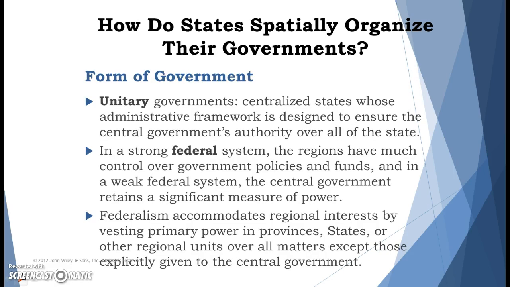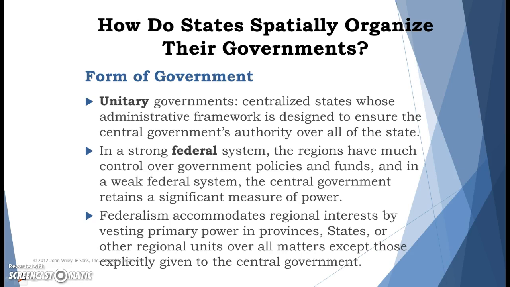Once we understand how governments stay together and how they fall apart, we can talk about different forms of government. Unitary governments are governments where the national government, which is always going to be the most important, doesn't share power.